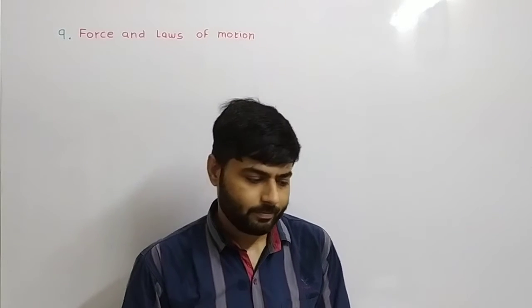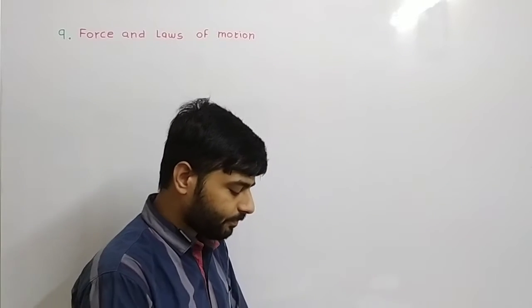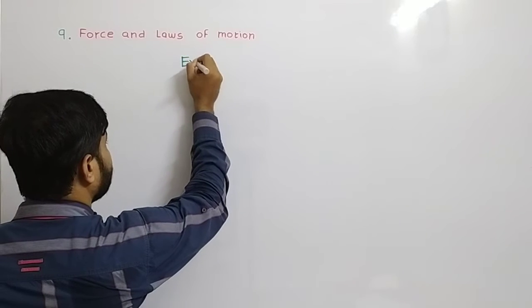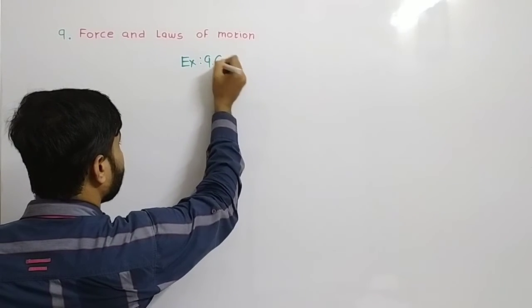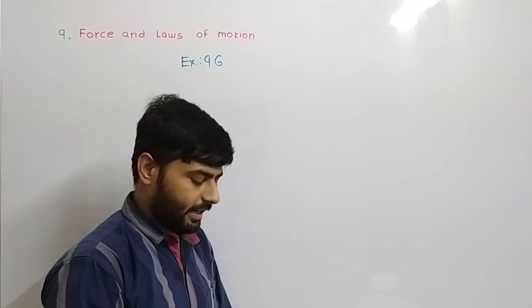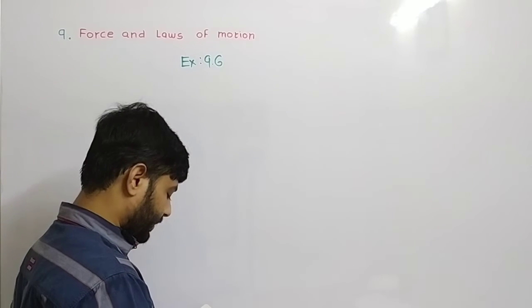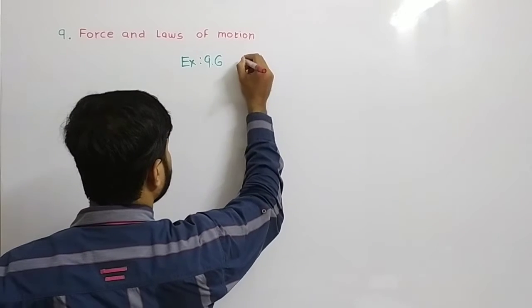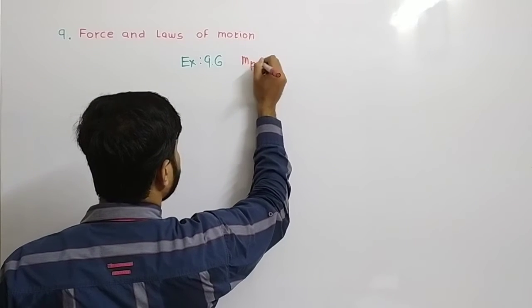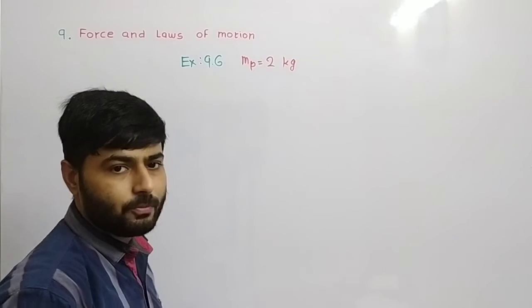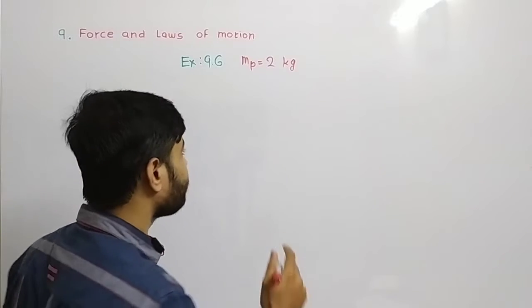So we have data given here. This is example number 9.6. We have one pistol with mass 2 kg. So I write the given data first. MP is 2 kg, the mass of pistol is 2 kg.